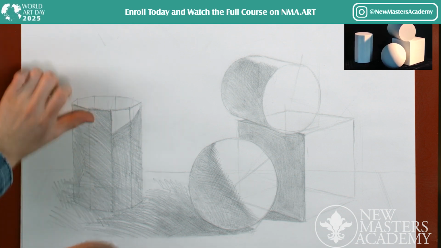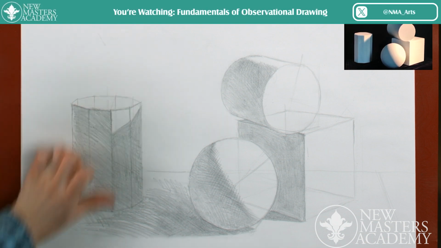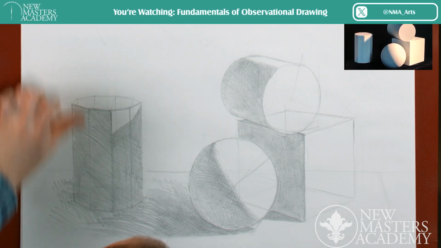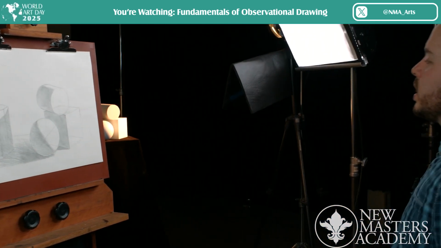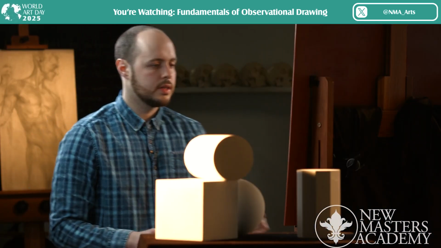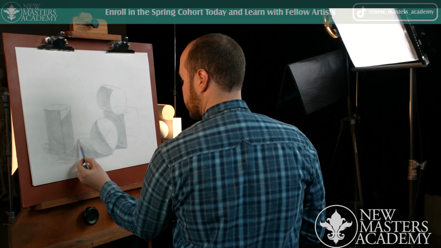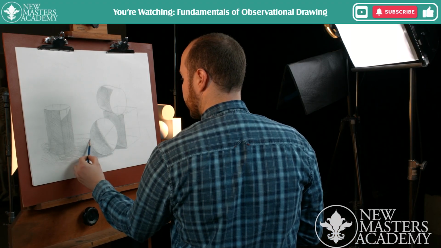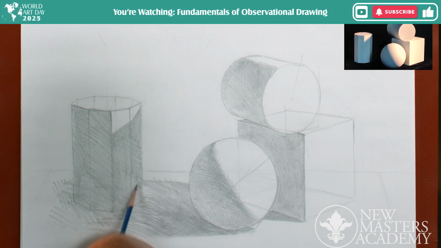And then kind of even it out a little bit. Okay. So now it's time to begin to differentiate within the shadows. But keep in mind that this will, of course, keep changing once we get to the halftones.